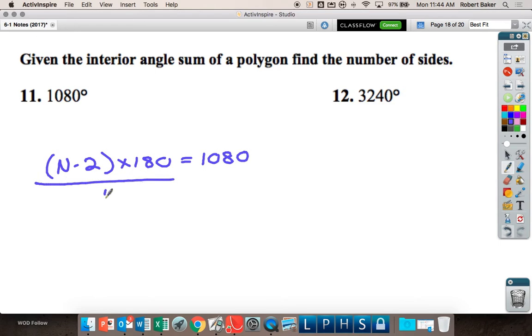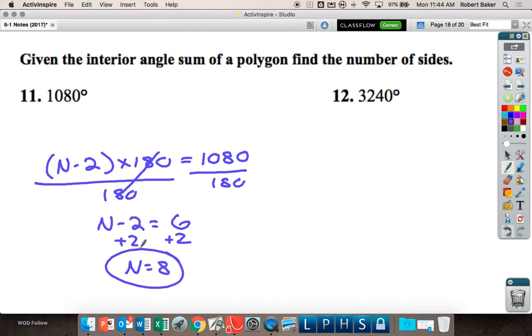Divide. 1,080 divided by 180 is 6. So how many sides does that shape have? 8. It's a tough one. And that's going back and saying this is how many sides the shape has.